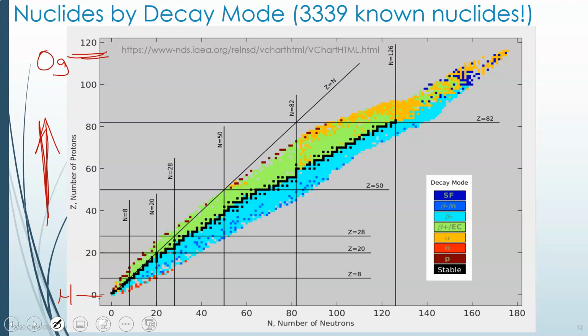But remember, there are lots of isotopes of each element. Most are man-made. And every little box, every little pixel in this represents a different nuclide, a different isotope that is known today. And they're color-coded. You'll notice the black ones represent the stable isotopes.